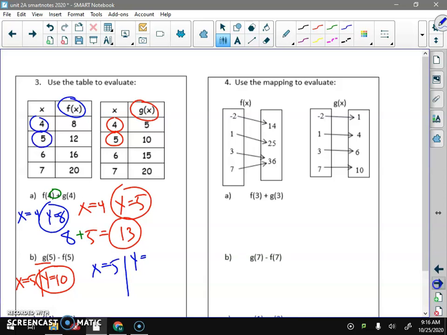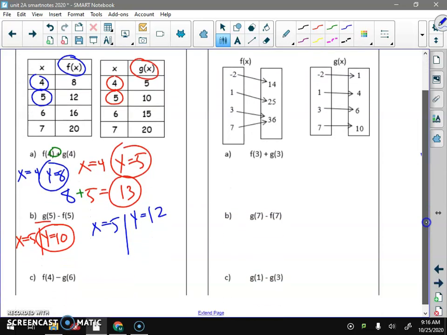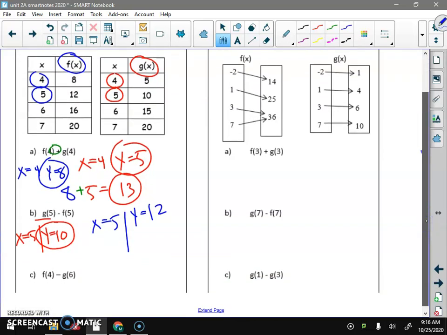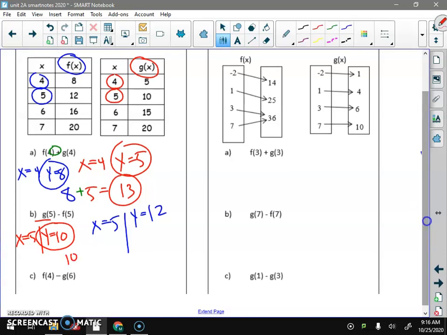What's y? 12. And we're going to subtract those two numbers. 10 minus 12 equals negative 2.